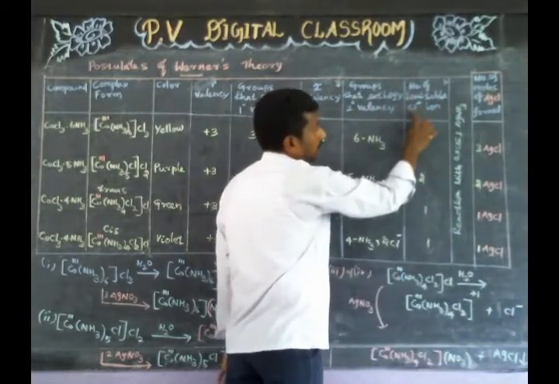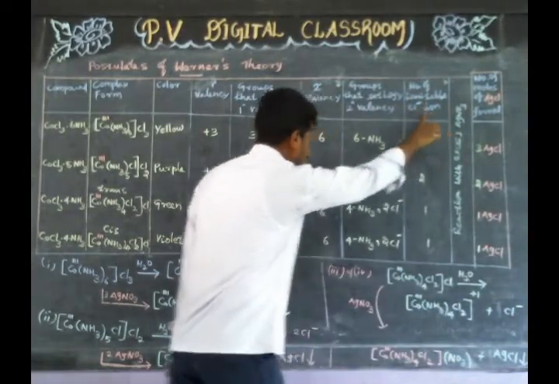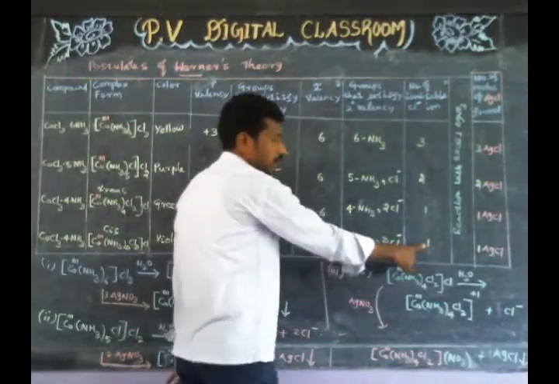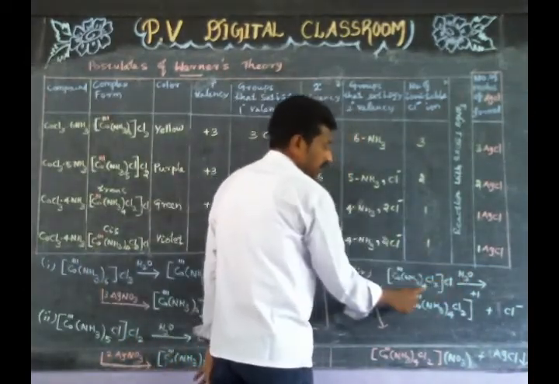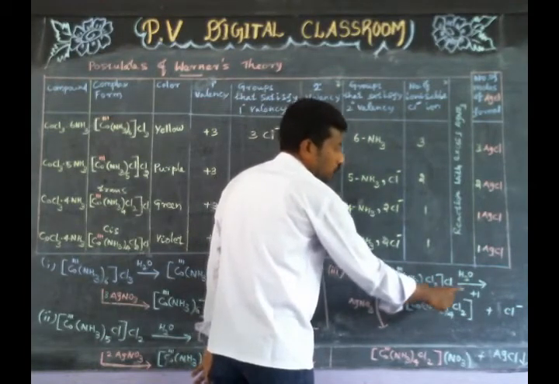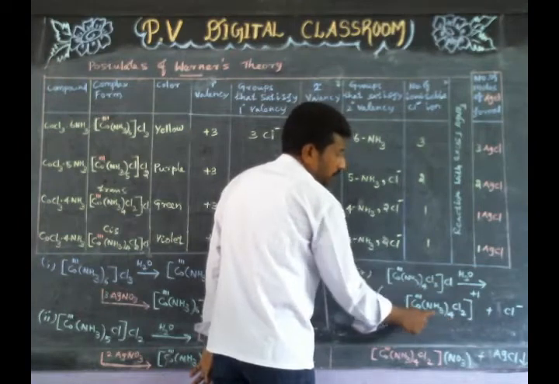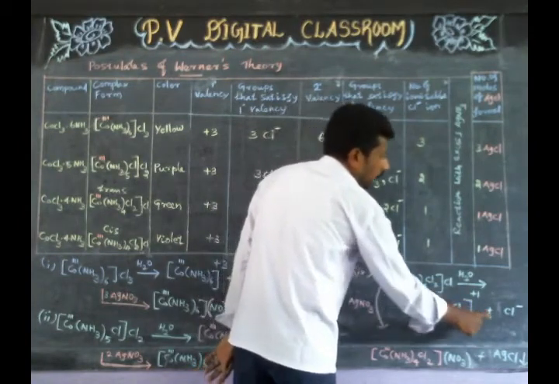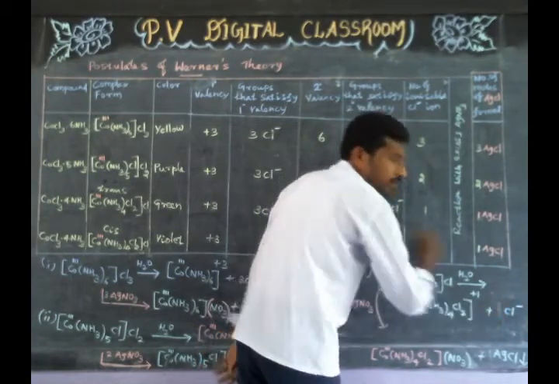Number of ionizable Cl minus ion that present in this compound is only 1. This is because in water, tetraamine dichlorido cobalt(III) chloride dissociates to form tetraamine dichlorido cobalt(III) ion and 1 Cl minus ion.